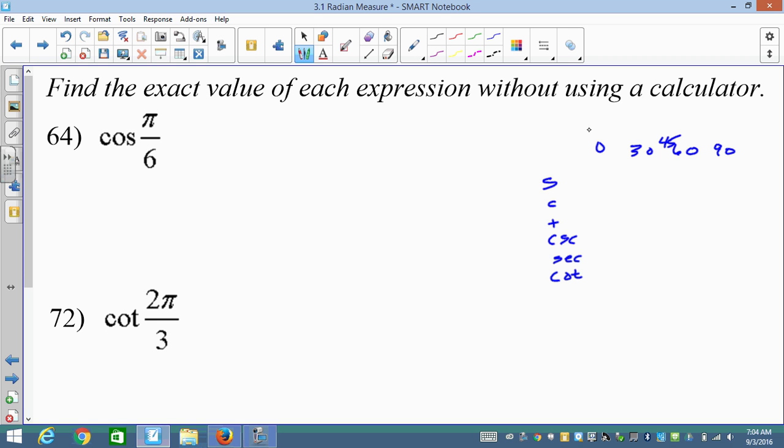You might want to put up there now that this is 0 or 2 pi. This is pi over 6, pi over 4, your 60 is pi over 3, and pi over 2. Because now if you have a pi over 6, you're just going to go to that 30-degree angle, pi over 4, and so on.